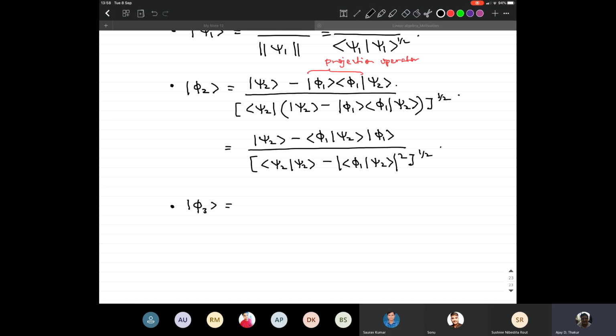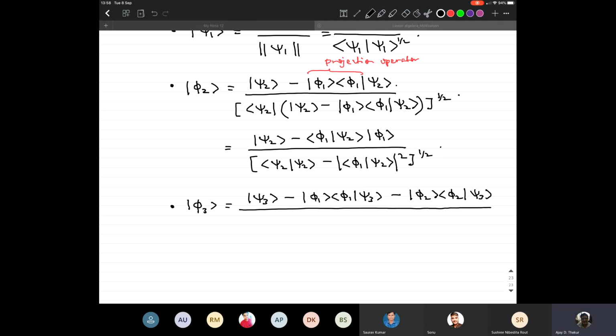So phi3 is going to be psi3 minus, you project out the component along phi1 of psi3 and the component along phi2 of ket psi3. That is how it is going to look. And then you will have to find the norm of this.